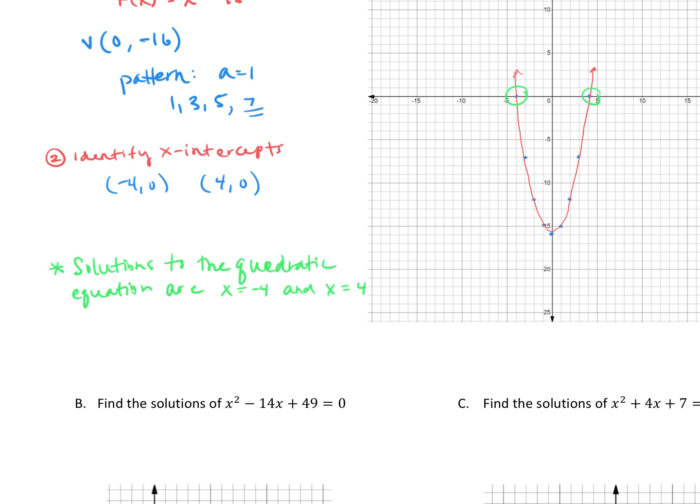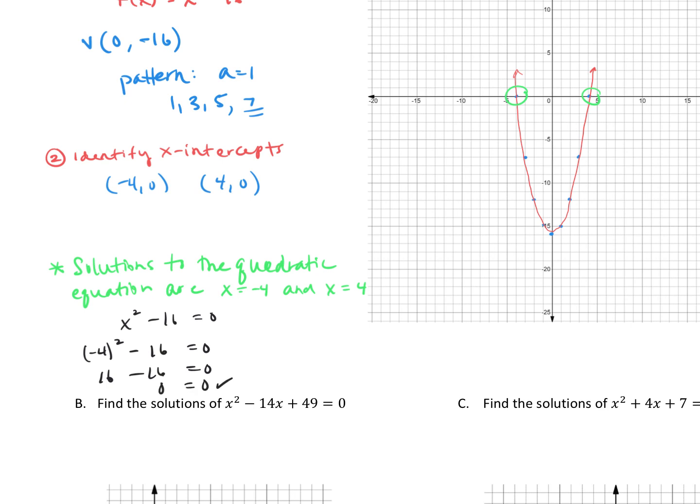Now, if we think about that, does that actually make sense? Well, remember our equation was x squared minus 16 equals 0. So if we plug in a negative 4, just to check, negative 4 squared minus 16 equals 0. If you square a negative 4, you get 16, minus 16, and see how we get 0 equals 0.